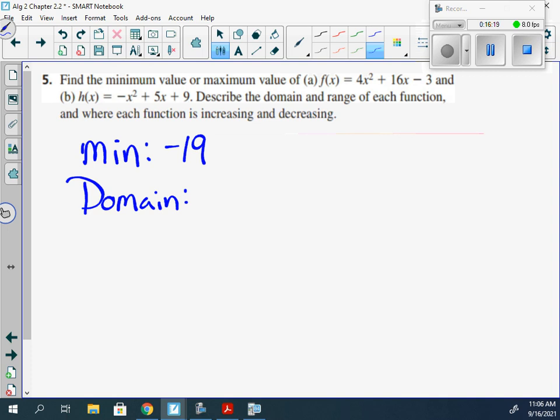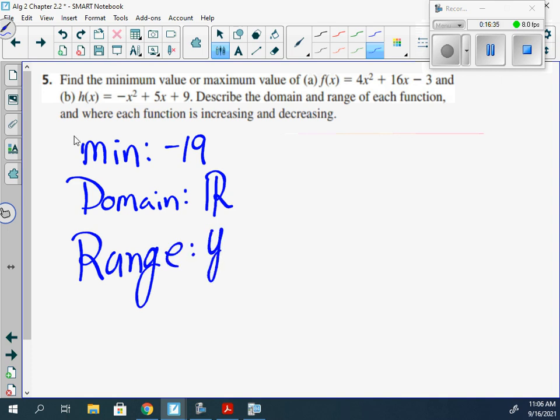What is the domain of this function? All real numbers. What is our range? Y is greater than or equal to negative 19.